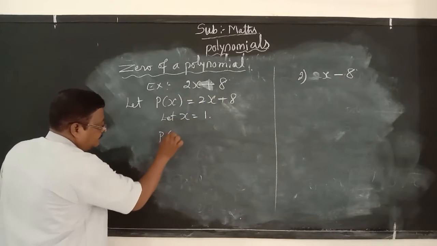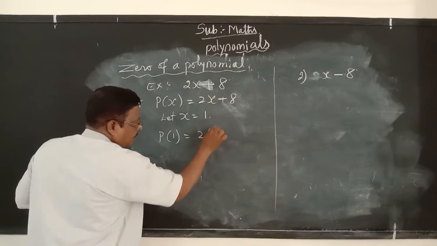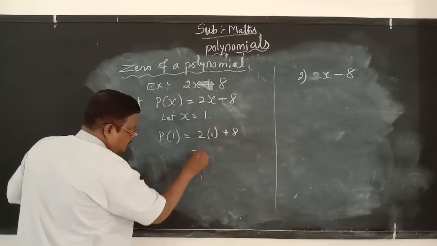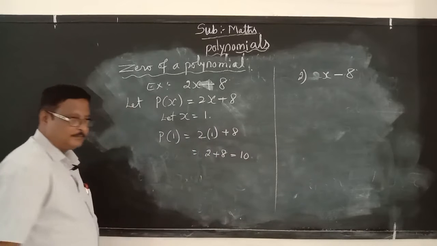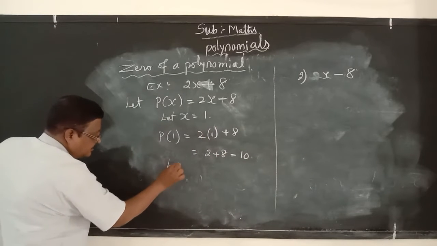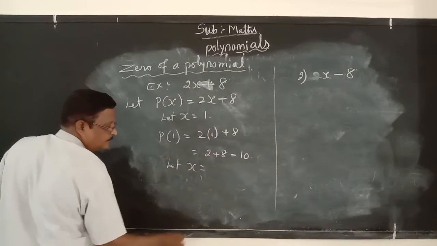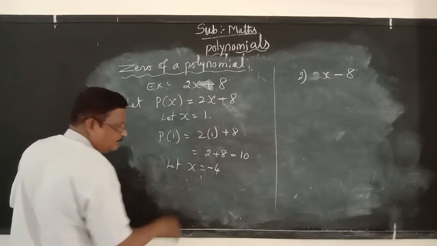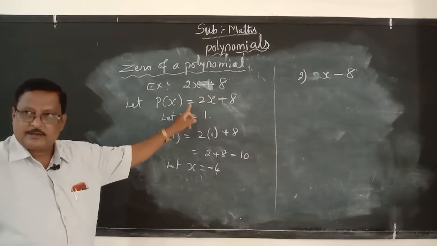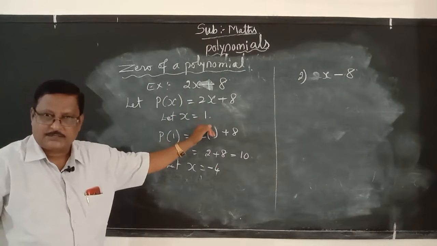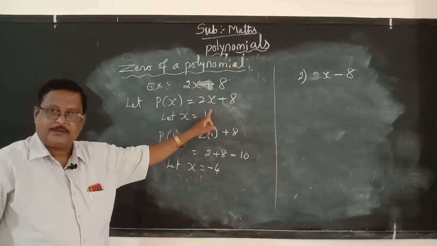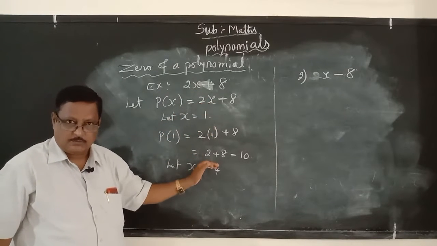P of 1 is equal to 2 times 1 plus 8, which is 2 plus 8, is equal to 10. Suppose let x is equal to minus 4. You can take numbers, either positive or negative, or 0, or even fractions also.